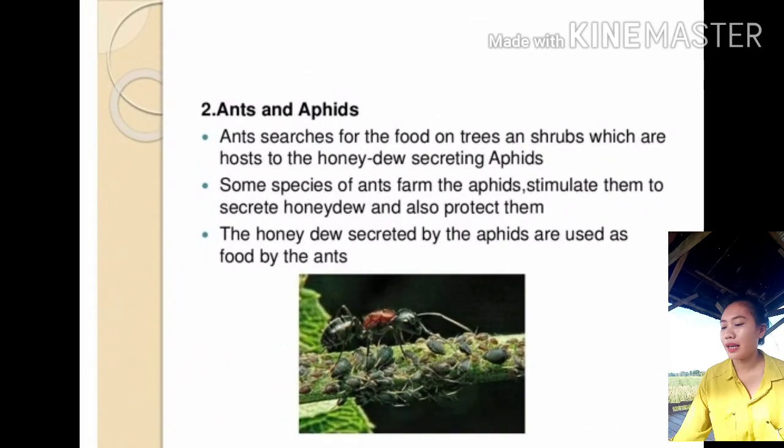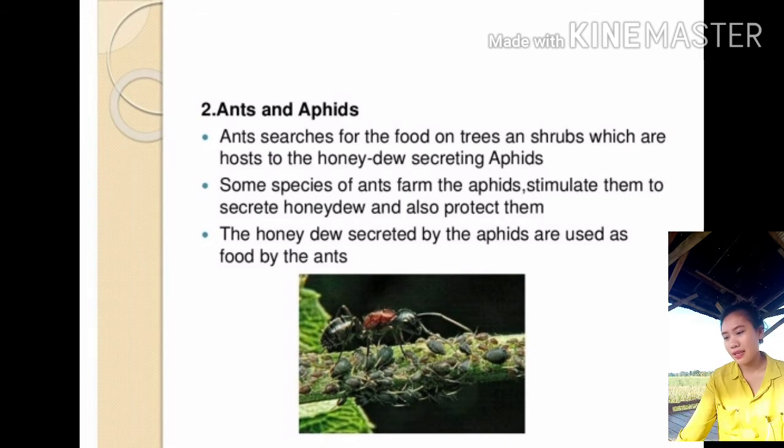Second example, the ants and the aphids. The ant searches for food on trees and shrubs, which are hosts to the honeydew-secreting aphids. As you can see, ants really get their food on the plants as well as on our food leftovers. But these ants usually get their food on the trees and the shrubs.